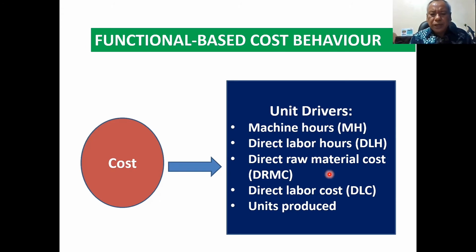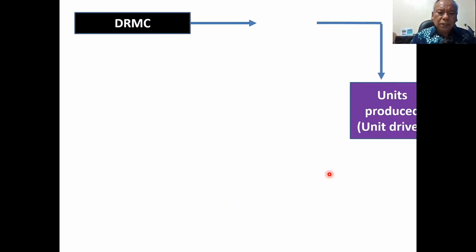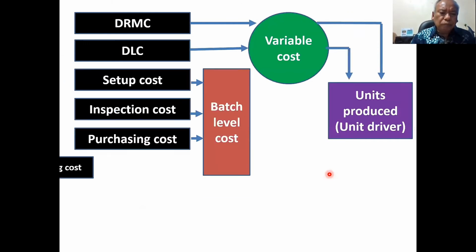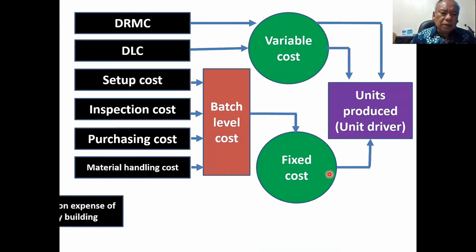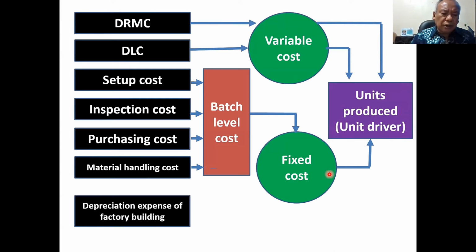The cost that does not change related to unit drivers, we classify as fixed costs. The cost that changes with the changes of the unit driver, we classify as variable costs. For example, we have direct raw material cost, direct labor cost, setup cost, inspection cost, purchasing cost, material handling cost, and depreciation expense of factory building.